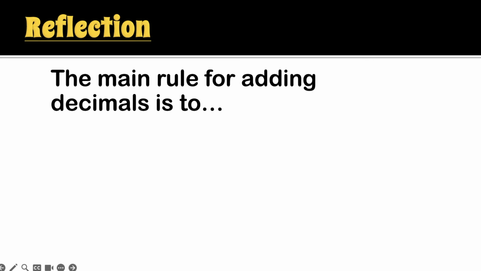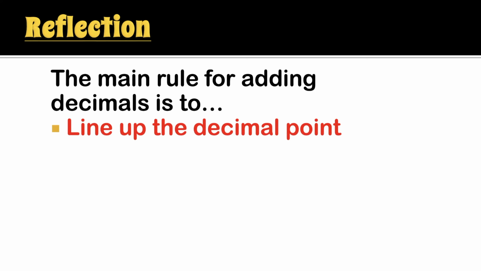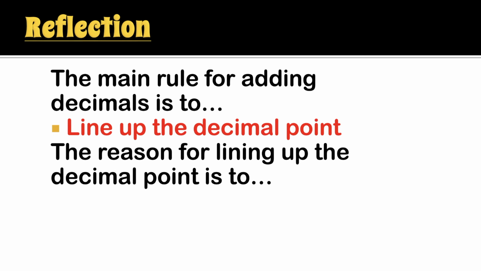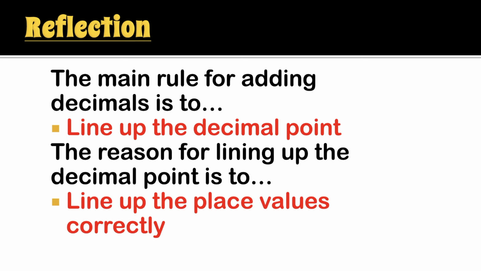So what did we learn today? The main rule for adding decimals is to line up the decimal point. The reason for lining up the decimal point is to line up the place values correctly.